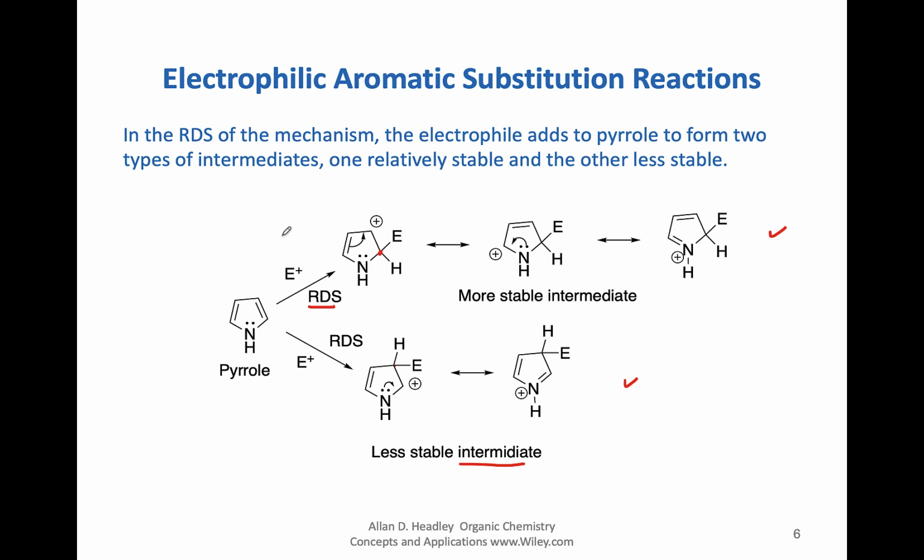So this intermediate on top is more stable, and it will lead to the major product, in which there is an addition of the electrophile in position number 2.